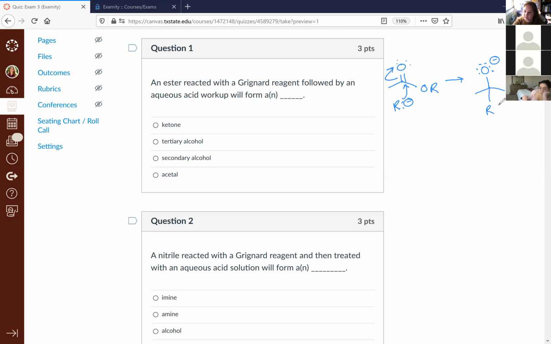What happens next? What is the trend that we see with addition to carboxylic acid derivatives? You create this tetrahedral intermediate, and then what happens from there?